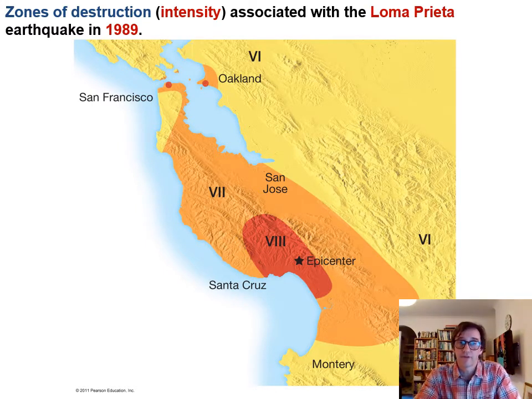So when you plot out all those values, you can draw a map with zones of destruction or intensity associated with this. Here, this is a map for the Loma Prieta earthquake of 1989, and the Loma Prieta earthquake was the largest earthquake in recent times in the San Francisco Bay region.